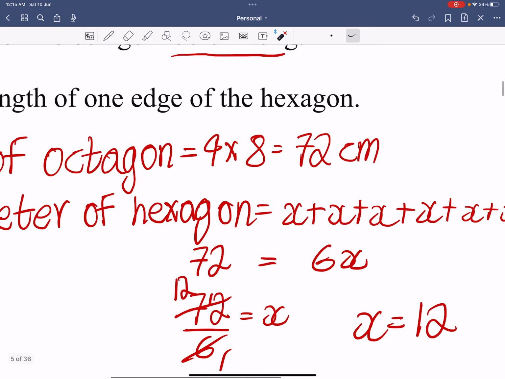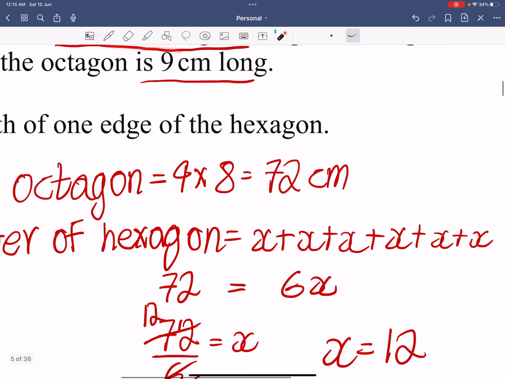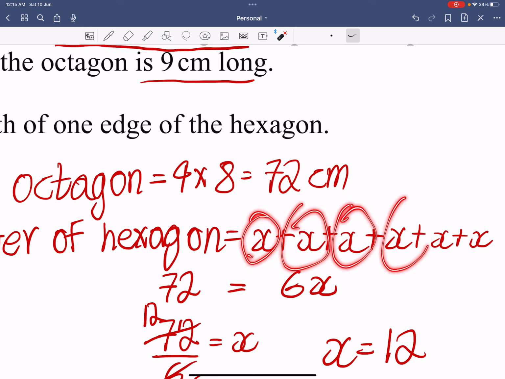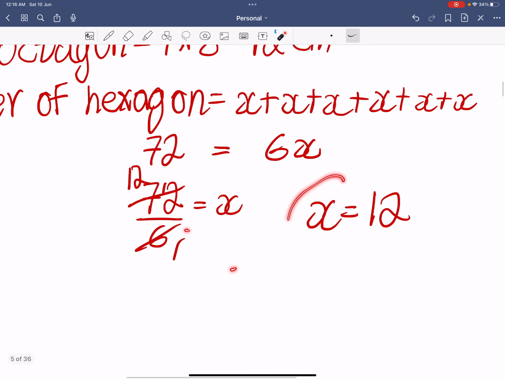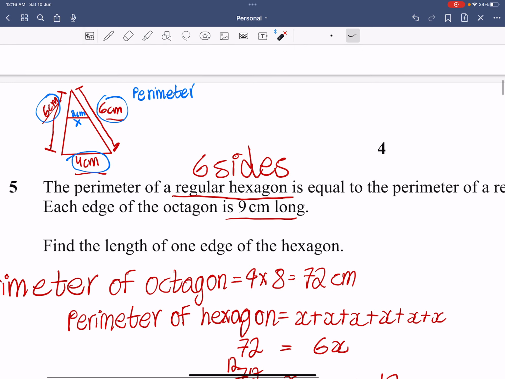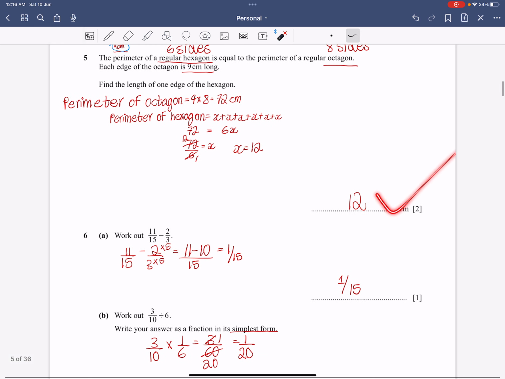Since the hexagon has 6 sides, and it is a regular polygon, all the sides are equal. So x plus x plus x plus x plus x plus x, which will be 6x. The sum of all these 6 sides is equal to 72. So 72 upon 6, x is equal to 12. And what is 12? 12 is the length of one edge of the hexagon. Don't forget to write the answer in the answer space.